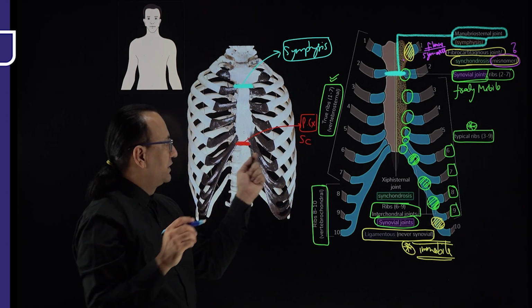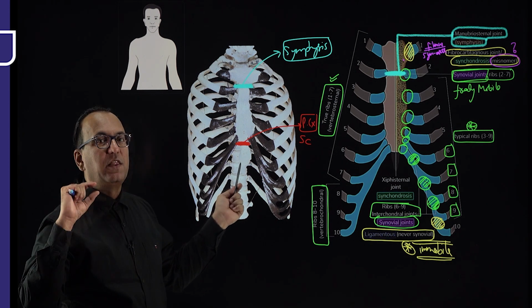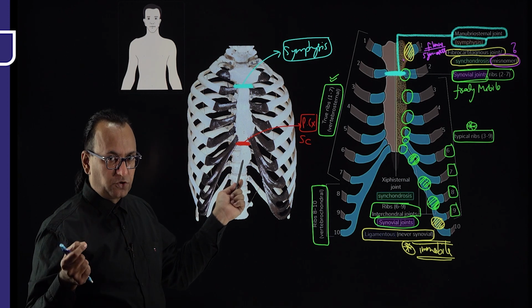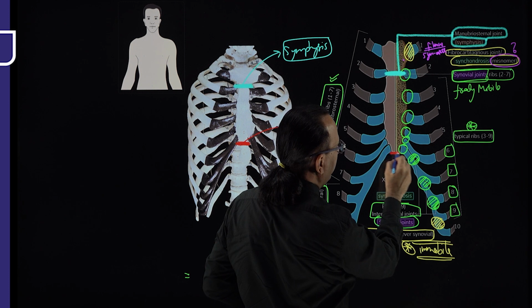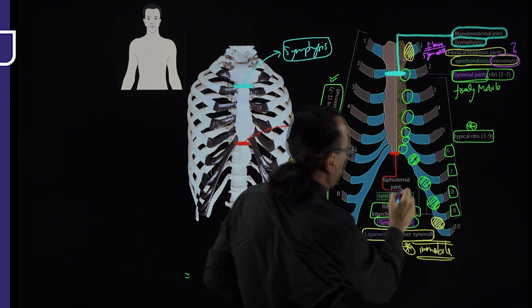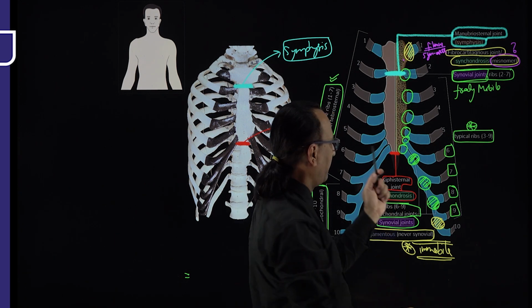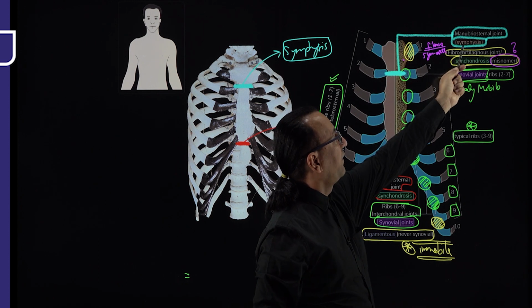Most of the authors will say the xiphisternal joint is a synchondrosis or primary cartilage joint, but a few authors will say even this is a symphysis joint. So the xiphisternal joint is a synchondrosis, whereas the manubriosternal joint is a symphysis.